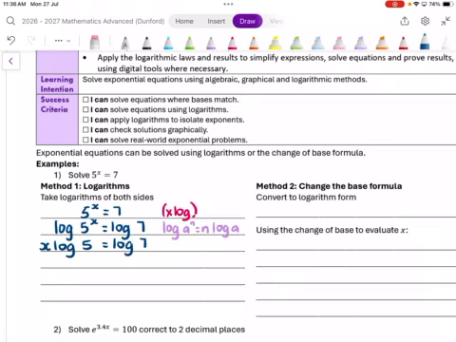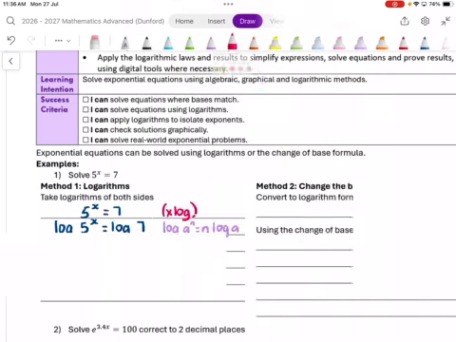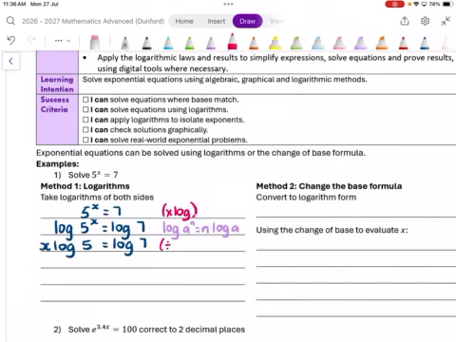Then we just divide both sides by log 5, and we get x equals log 7 over log 5.